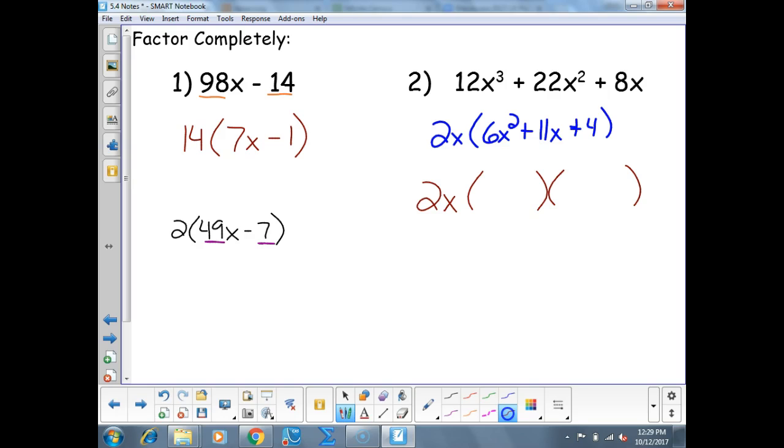What do you want to try first? 3 and 2 or 6 and 1? 3x 2x, okay. What do you want to do with 4? 2 and 2? If I do 2 and 2, on the outside I get 6x. On the inside I get 4x. That does not add to 11x.